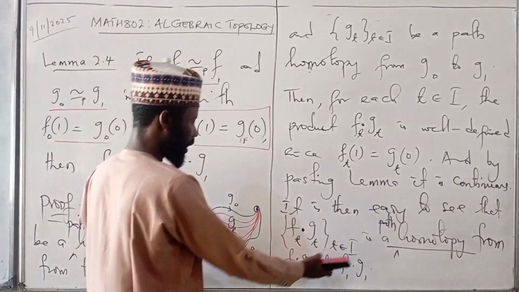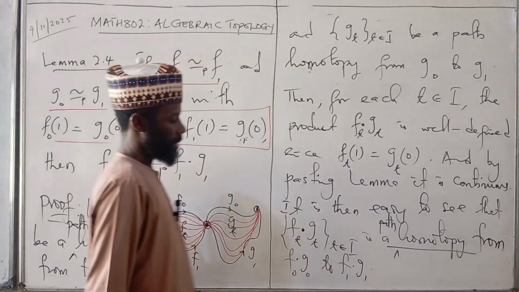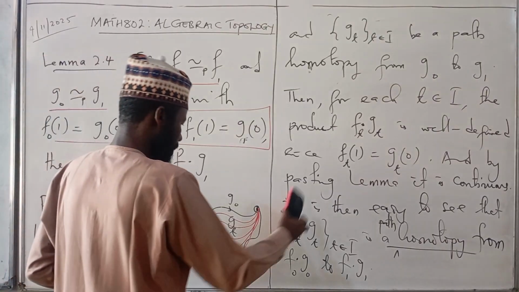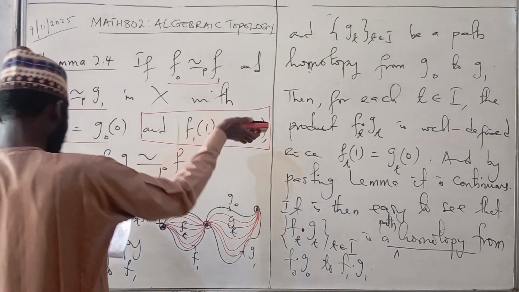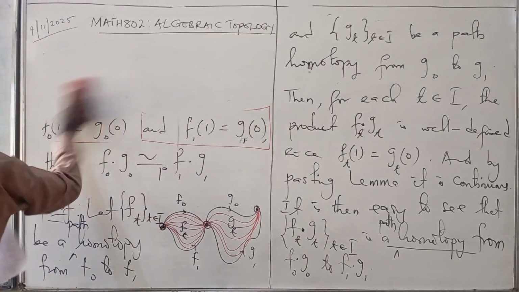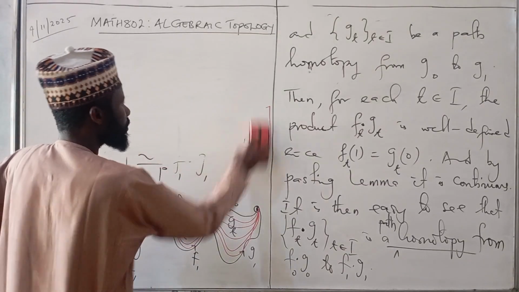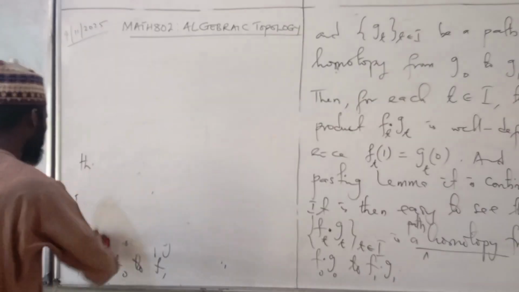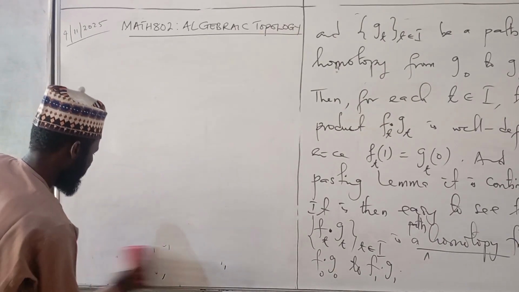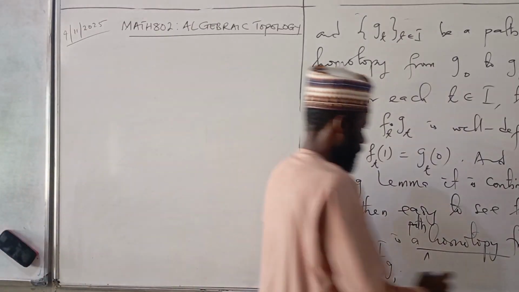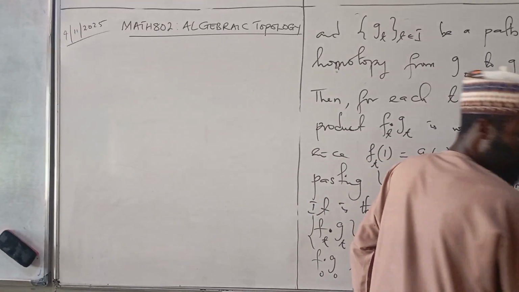And at t equal to 1 we should get f_1 g_1, which is exactly what it is. So there is no trouble seeing that it is actually a path homotopy. In fact, there is almost nothing to write down. I can put the small square.